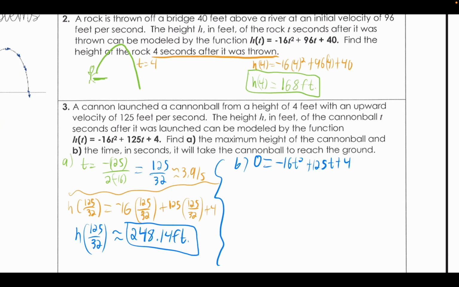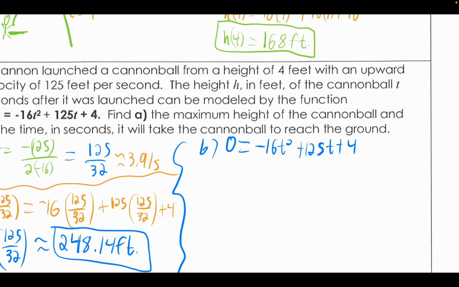And so we can solve this via some different methods. Your best bets are either going to be the quadratic formula or completing the square, but because this is an odd b term, not an even b term, we'd have to divide it by 2 and that would get messy. I'm just going to opt for the quadratic formula here.